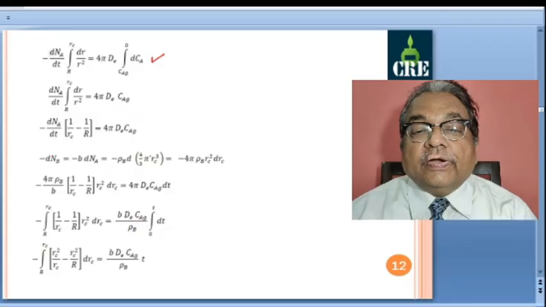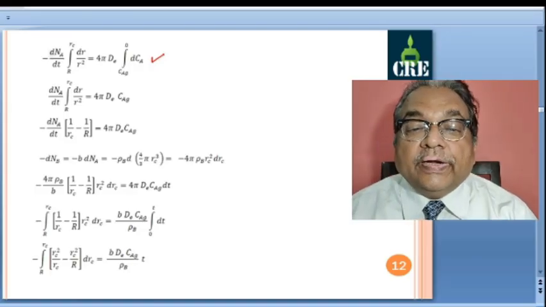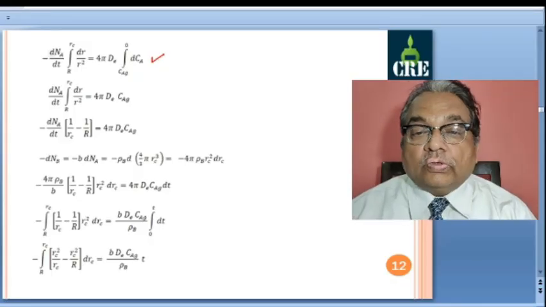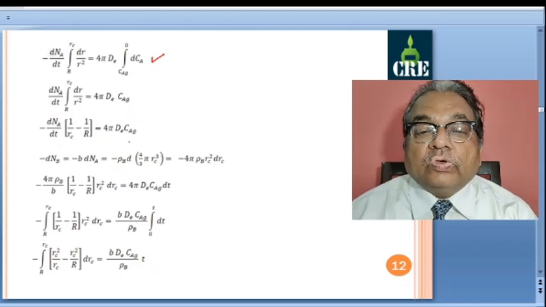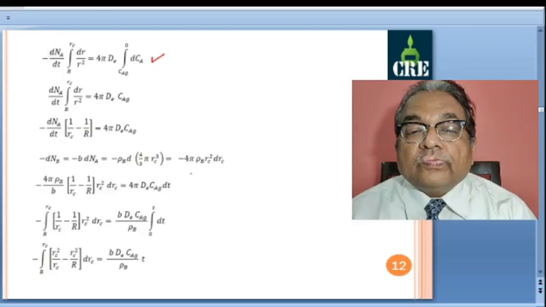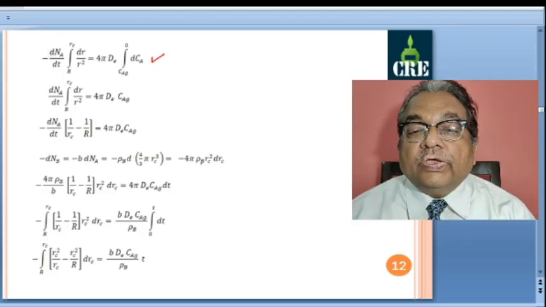NB is related to rc. Change in the number of moles of B is related to the change in the radius of the core. We have seen earlier minus dNB is equal to minus b times dNA, and that we have written in terms of this volume, and finally solving this differential we get 4 pi rho B rc square drc.